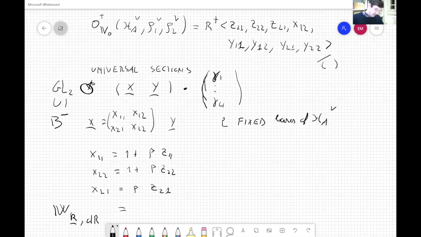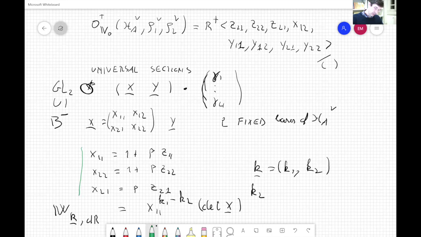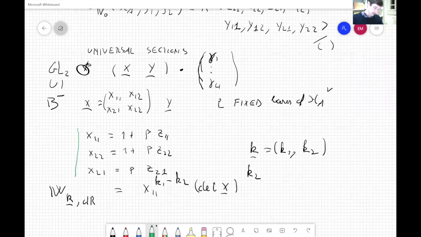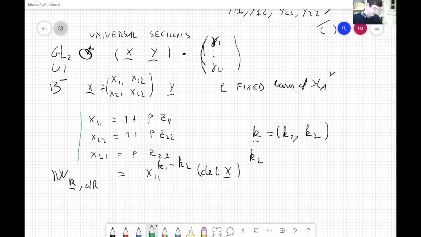And remember that k underline is a pair of characters of Z_p star. And actually you can write things down, and this will be simply of this form, k1 minus k2, determinant of X, k2. Now this makes sense because of this requirement. So it makes sense to apply these characters to those variables expressed in the z_i's, okay? And then you have the functions of weight 0, of course. And well, you have a part.